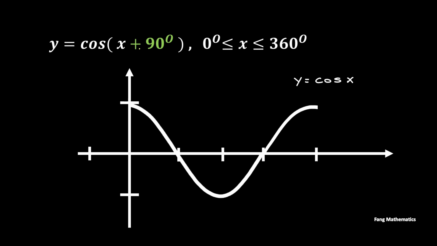We look at the sign, which is a plus, and that tells you that you move in the opposite direction, that is the left. And the 90 degrees tells you to shift the graph 90 degrees towards the left. Let's first mark the x-axis. Starting from 0 degrees, you have the 90 degrees interval.